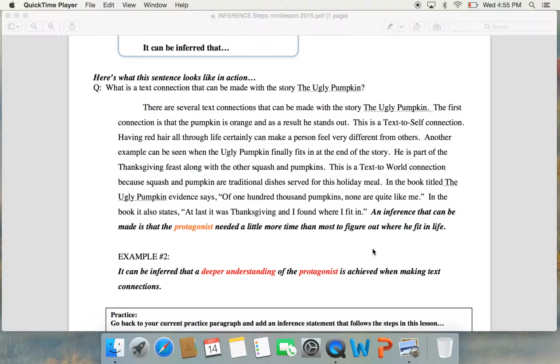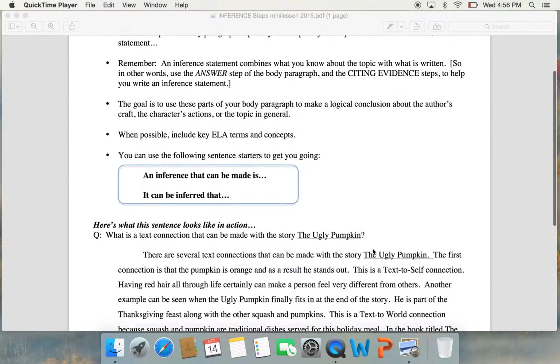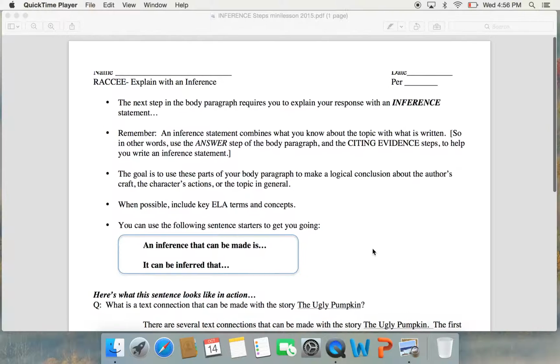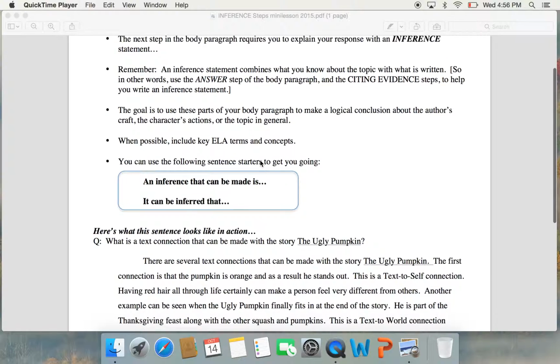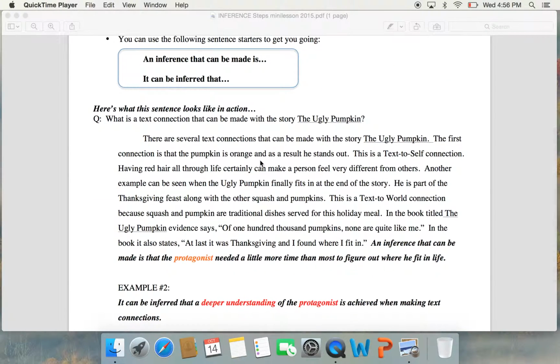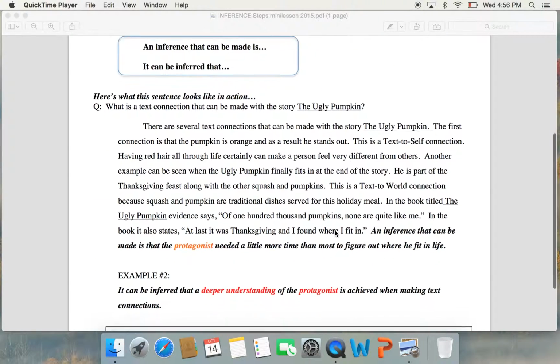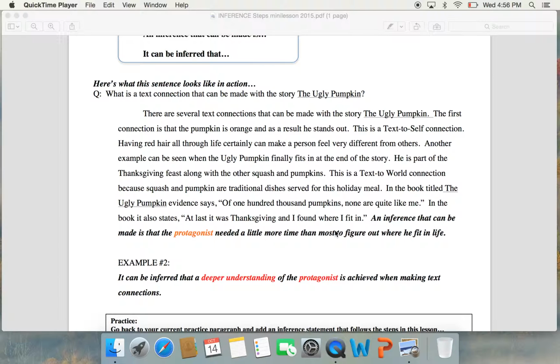That's all I'm going to share with you for now. We'll take another time and another practice to maybe talk about the third approach, just doing an inference based on the topic in general. We really don't need to do that right now. I know that your practice will allow you to do an authorcraft or a character-based inference, so let's just focus on those two for now.